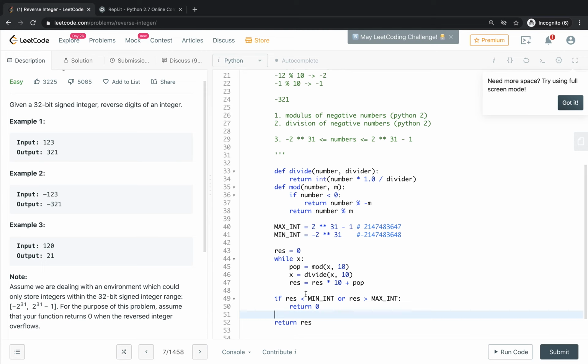The reason is that this res could overflow. It's a number higher than max int or less than min int, and it's overflowing while you're in the while loop, and then you check for it afterwards and return 0. If you're actually in a system constrained by this, all the numbers within this calculation have to be within range, so you already overflowed at this point, and you don't even know what your number is anymore, because it's just going to wrap around and become some random number. So technically this is not correct, but it would work if we throw it into the LeetCode tester.